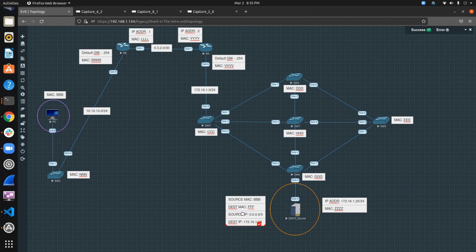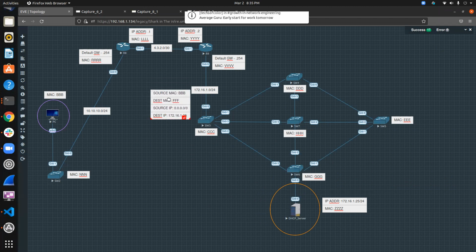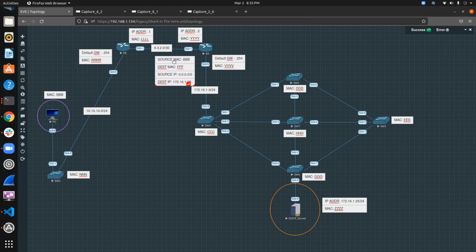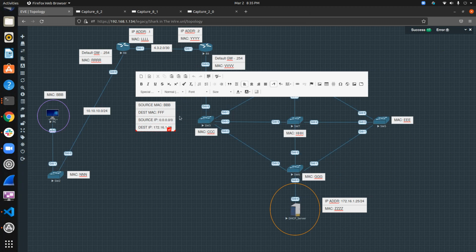Exactly, because if I send a packet with a destination address of 0.0.0.0, it doesn't exist. Excellent job. So now that Donatello's PC knows about the DHCP server from the IP helper address on that relay agent, now we can manipulate our packet.